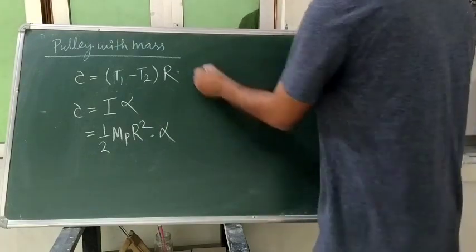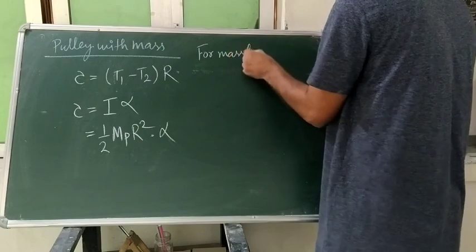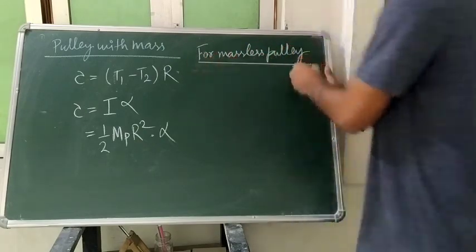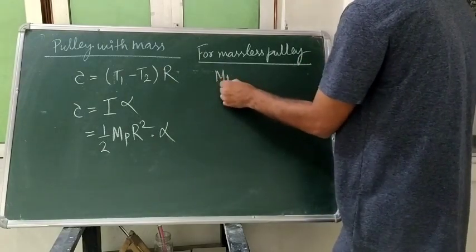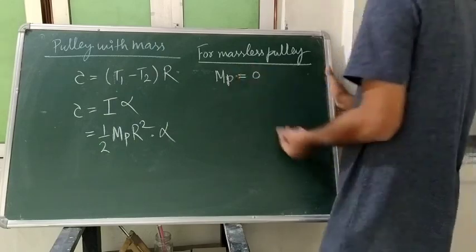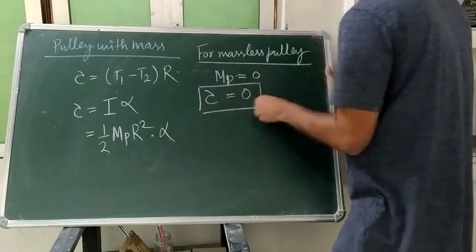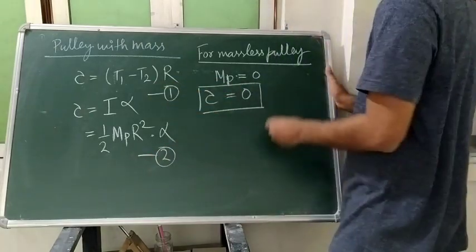So for a massless pulley, what? MP is what? MP is 0. Mass of that pulley is what? 0. So tau will be equal to what? 0. This you can say from equation 2. This is as equation number 1.